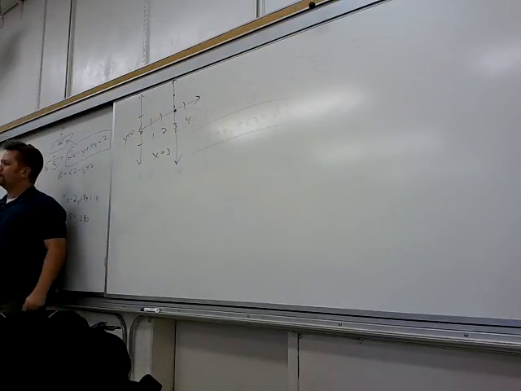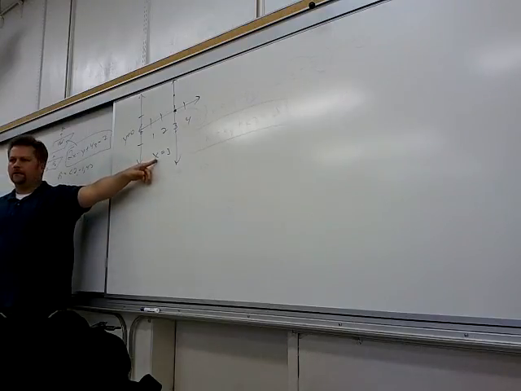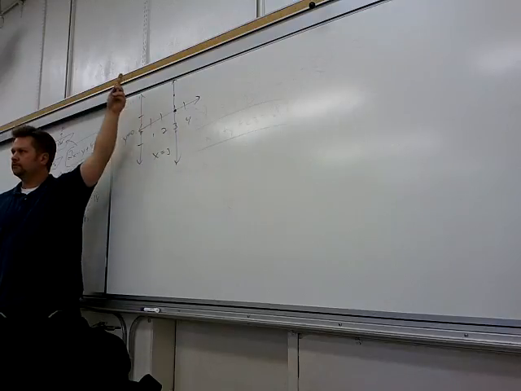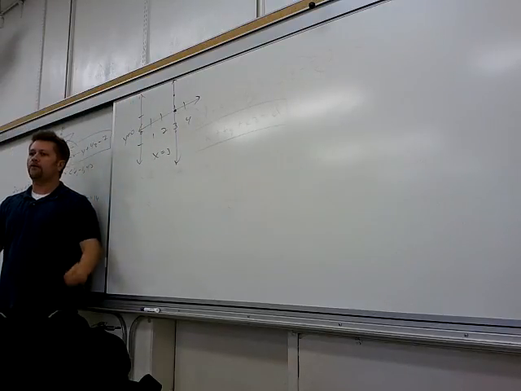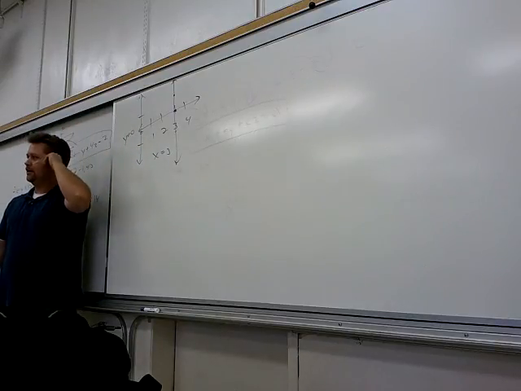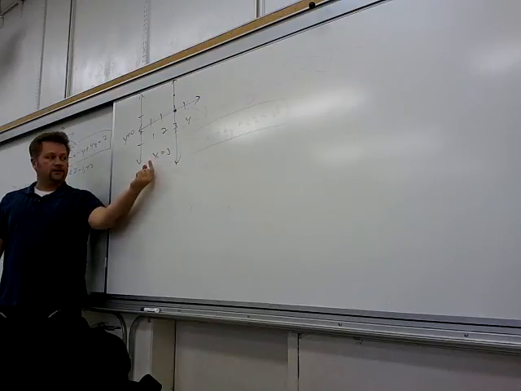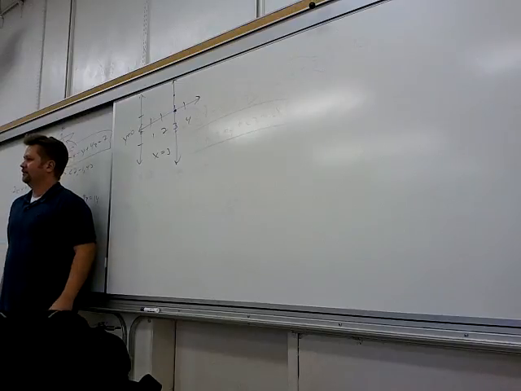What variable is missing from this equation? Y. And what do I end up being parallel to? The y-axis. Interesting. And of course I have to be. If I wasn't parallel, I'd have to hit it. If I hit it, there must be an intercept. And how can there be an intercept if the letter didn't show up? To find the y-intercept, set x to 0, and 0 equals 3, not good, right?